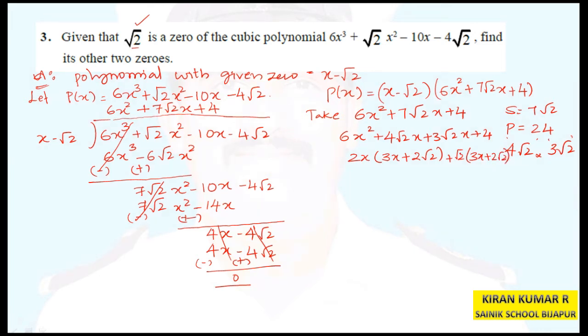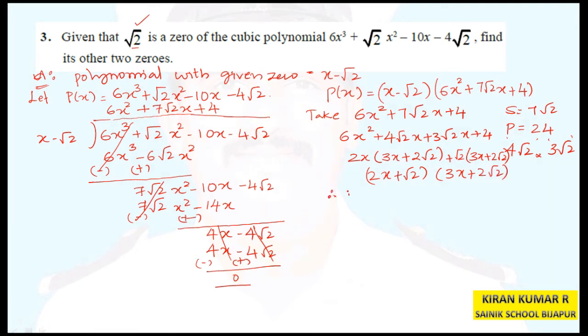You understood why I got this 2 root 2? The reason is 4 is 2 times 2. When it is 2 times 2, it's 2 times root 2 into root 2. So when root 2 is taken out, one of the root 2 and one of the 2 is taken. Therefore, we get x plus root 2 multiplied by 3x plus 2 root 2.